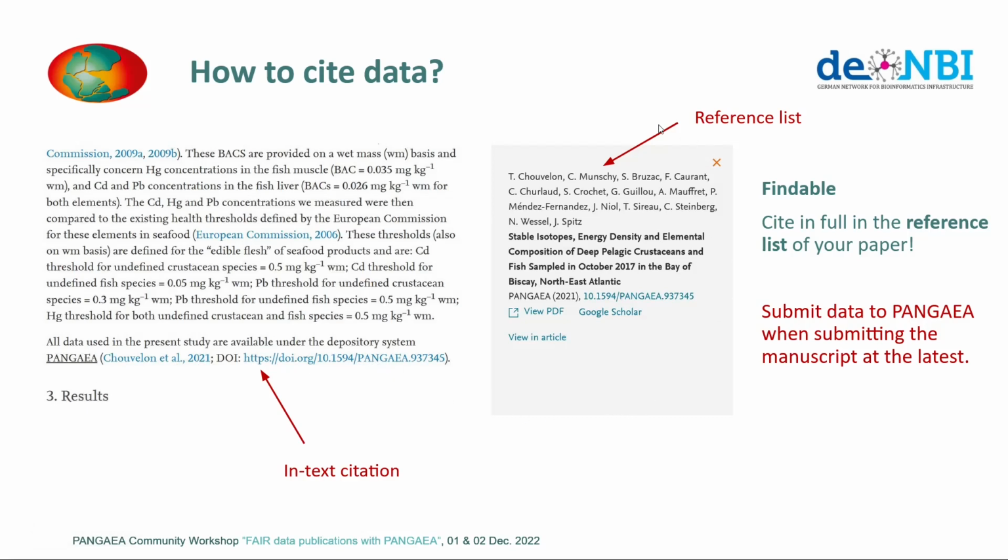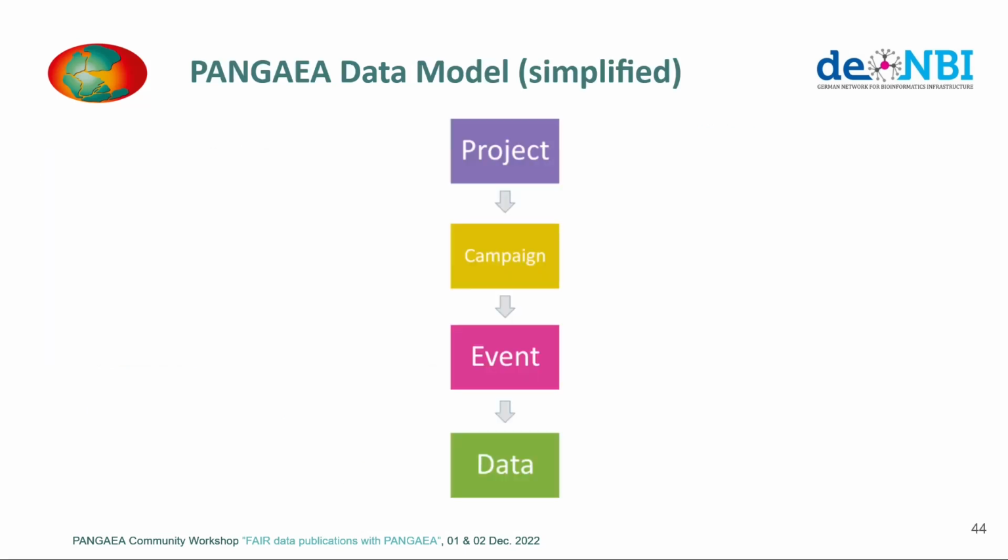And on this side, you also see that the full reference is included in the reference list. So to improve the findability of your data, it is best practice to submit data to PANGAEA when submitting the manuscript to the journal at the latest.